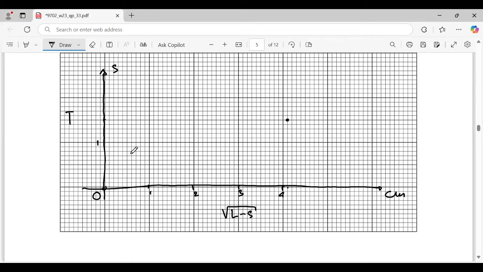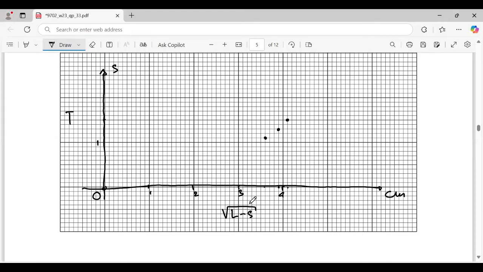Afterwards, 3.9 and 1.3, here. And then 3.6 and 1.1, here.